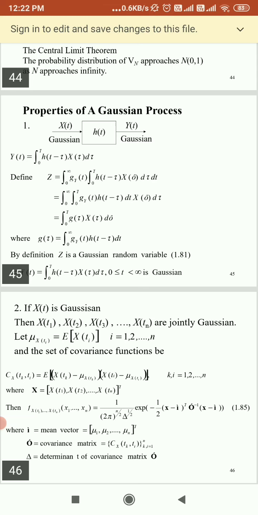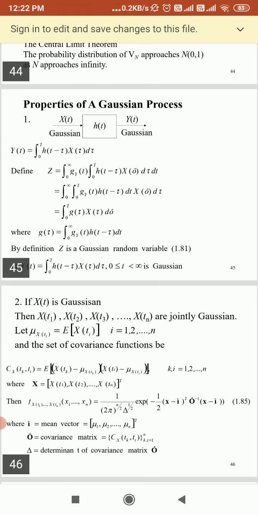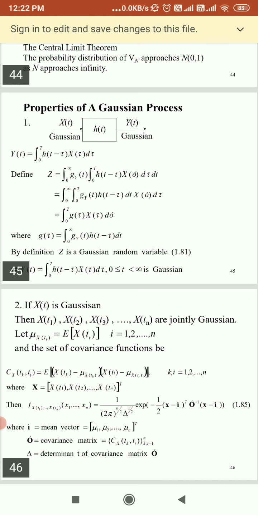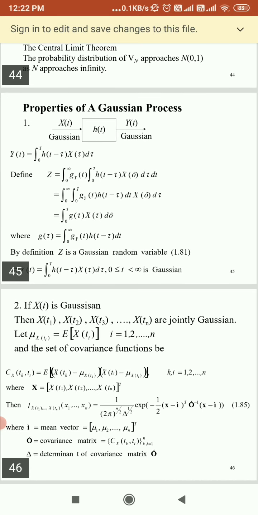As you can see in diagram 1, if a Gaussian random process x of t is applied to a stable linear filter, then the random process y of t developed at the output of the filter will also be a Gaussian process. So we can prove this.